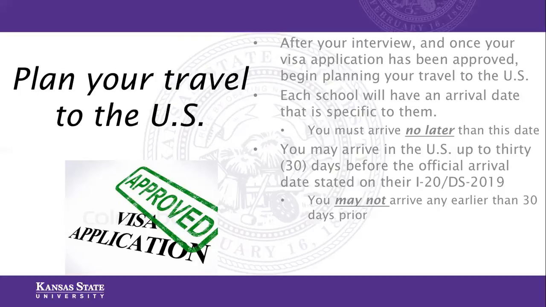But again, contact your school if you have any questions about whether housing may be available or what you can do within the surrounding area prior to starting your studies. But just know, if you intend to arrive in the US on your student visa, using your I-20 or DS-2019, you cannot arrive any earlier than 30 days prior to that official start date.